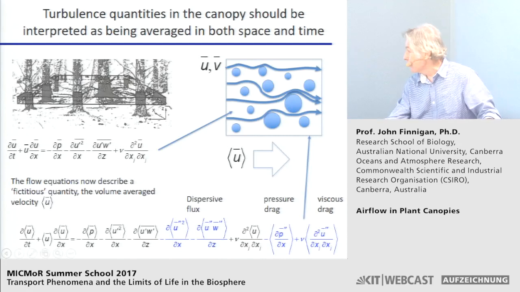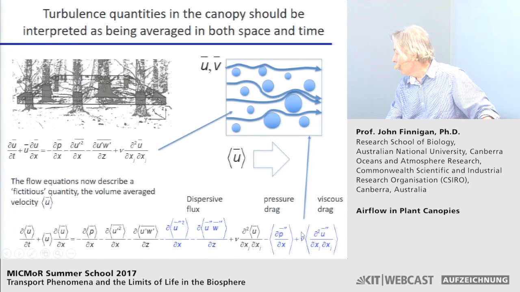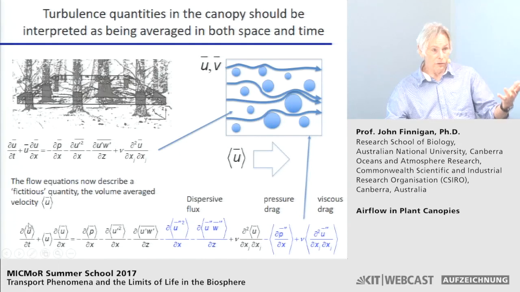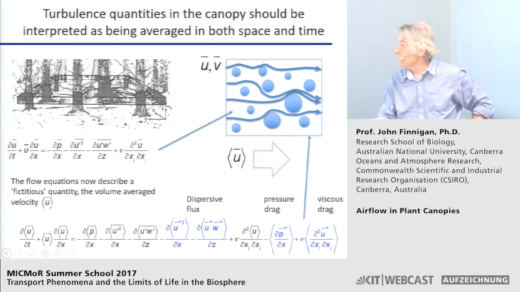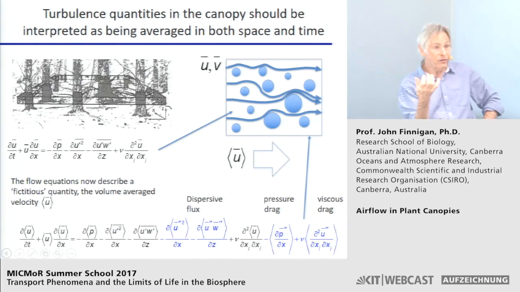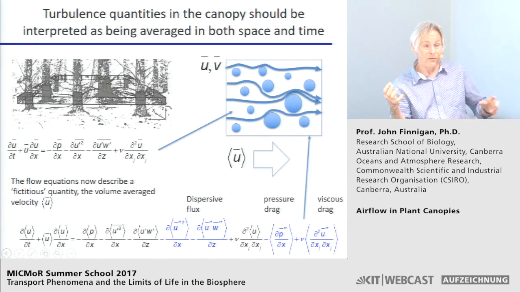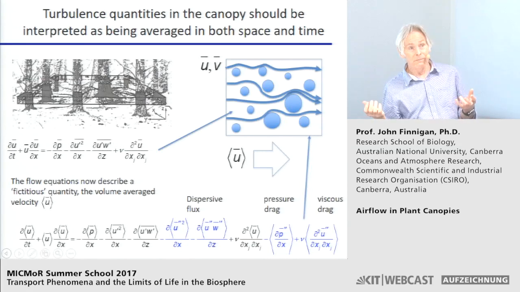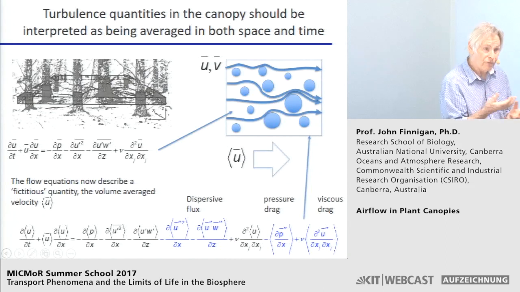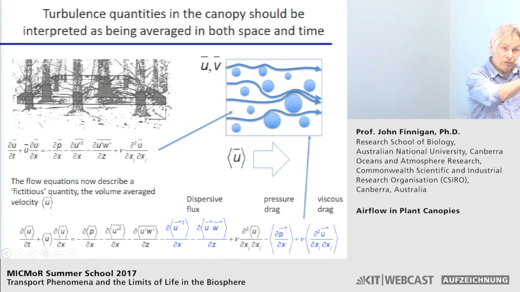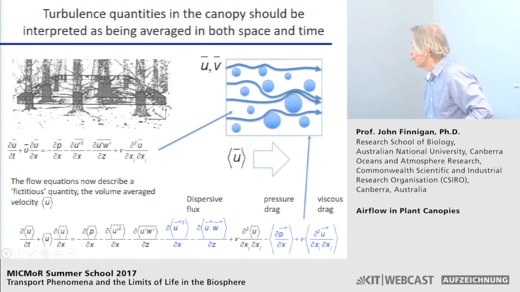So these two things together are our aerodynamic drag term, but they're working on not the velocity we started with, but the area average velocity. So we've invented a new fluid, in a sense. We've invented a fluid which is like Darcy fluid in soil flow. It's the average flow, spatially average flow through this canopy.